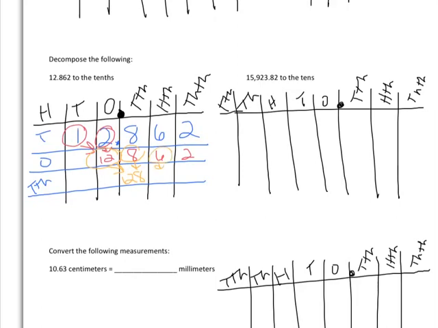Then we'll drop our 6 down and drop our 2 down. Now this is decomposed to the tenths place. So we have 128 tenths, 6 hundredths, and 2 thousandths.